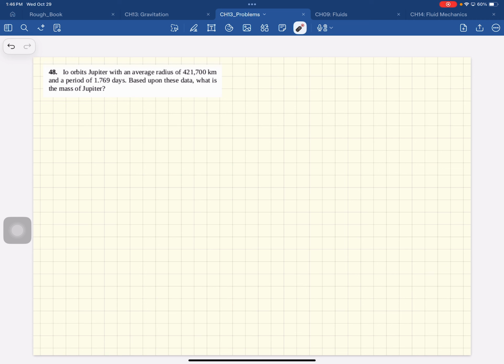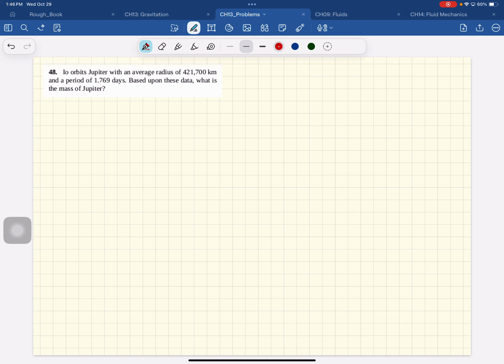How long does it take for the moon to go around the Earth? 28 days, a month. So this is going around Jupiter in 1.5 days. That's fast. Based on this data, what is the mass of Jupiter?